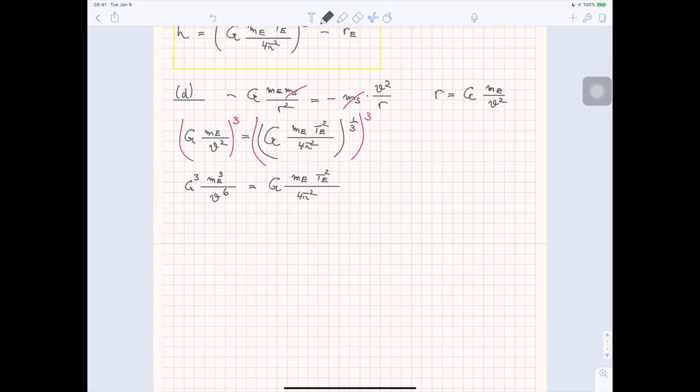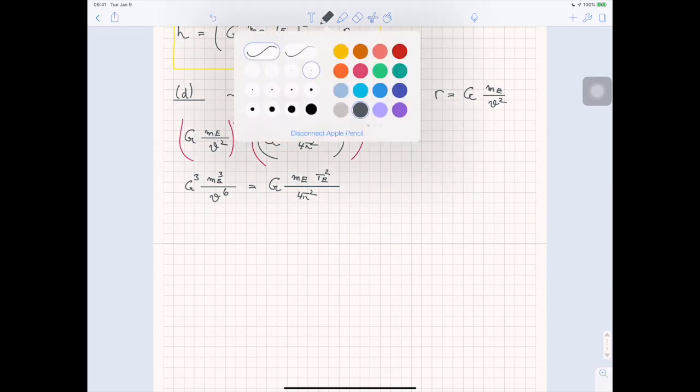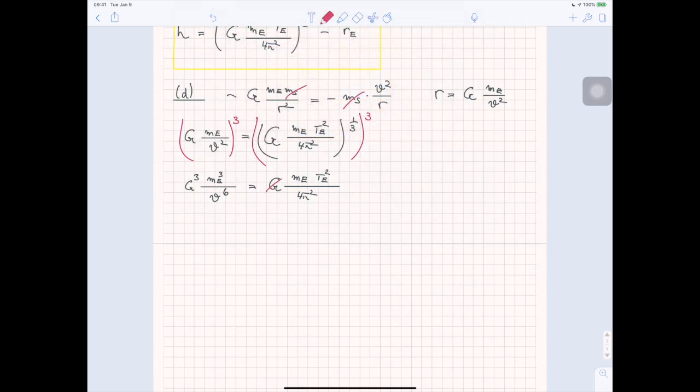Now we can simplify this to solve for v. G against G gives an exponent 2 here, Me against Me gives an exponent 2 here.